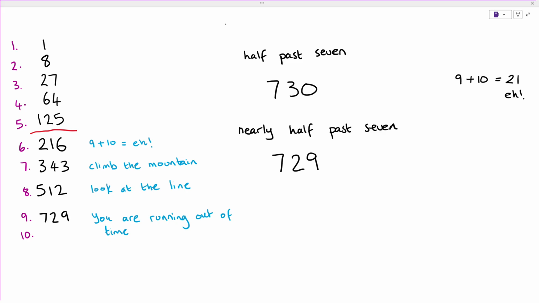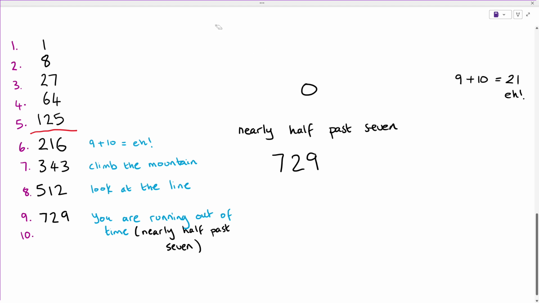7:29. Shall I put here nearly 7:30? Right, it'll make sense once you go through it and start memorizing them.